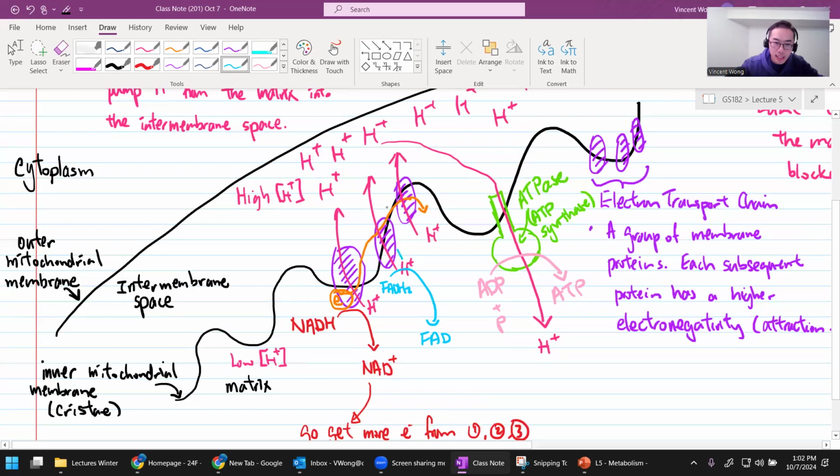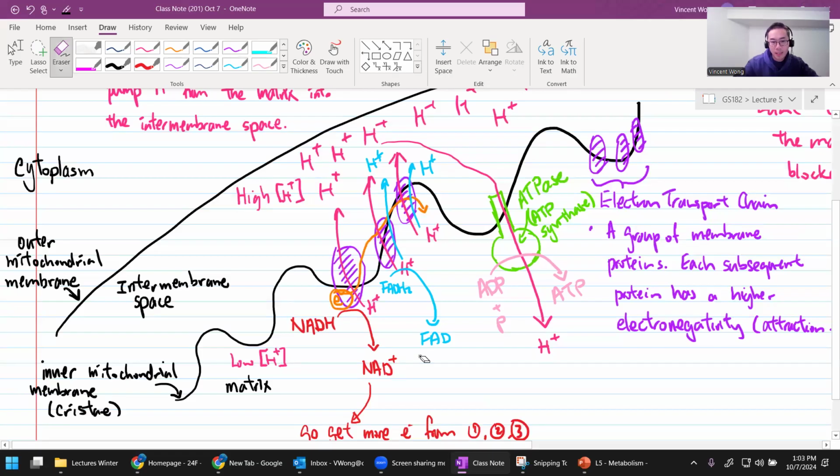So, you can still pump H plus, and it's the same kind of H plus as before. I just used a different color to show you. But because they didn't drop the electron at the first protein, they drop it later on, you're not going to have as much chance to pump H plus. Right? So instead of pumping 3 H plus, you only pump like 2 H plus. And when these H plus comes back in, that's going to be able to generate like 2 ATP instead of 3 ATP.